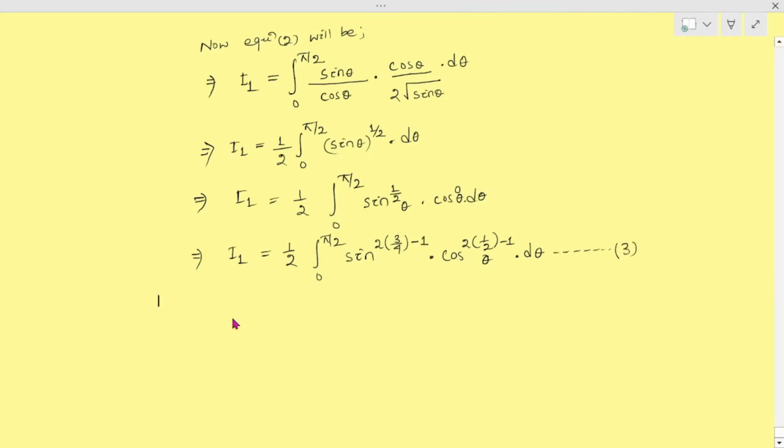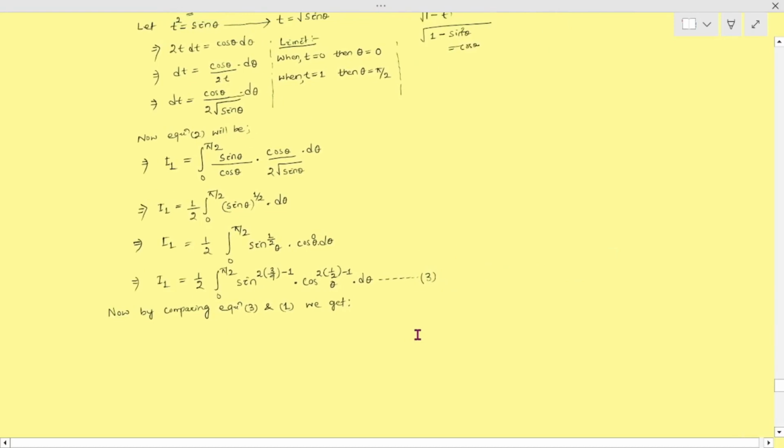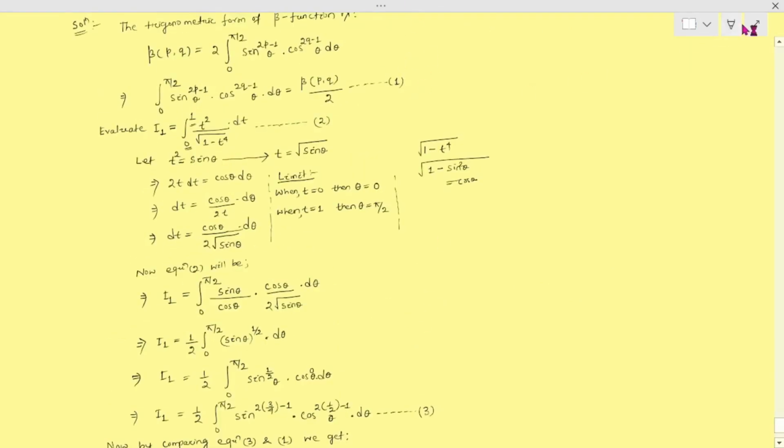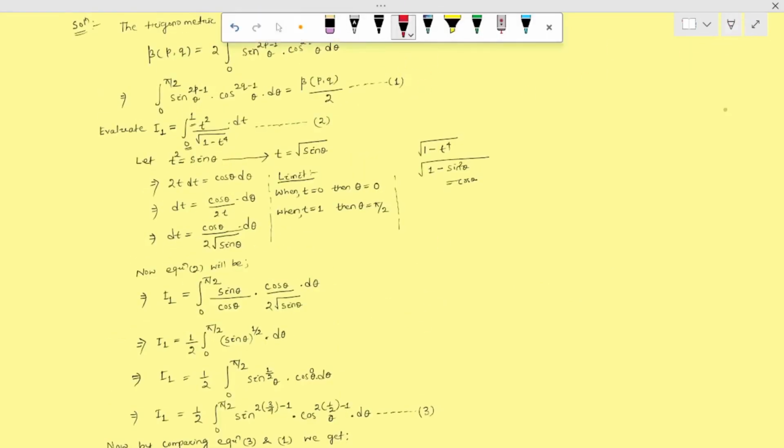Now by comparing equation number 3 and 1, we get, here you can see, this is your equation number 1, this is your equation number 3.